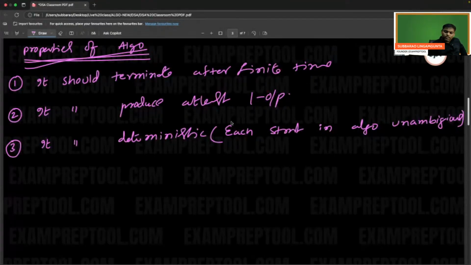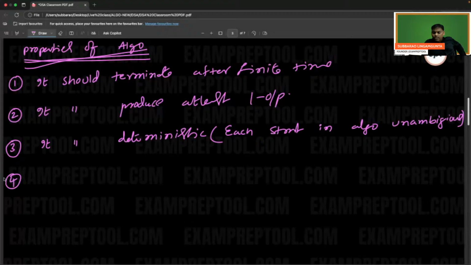Right? So that is the third point. Fourth point: someone is saying that each step should be unambiguous. I have written it should be solved in finite time and space. Of course, every algorithm takes finite time only.